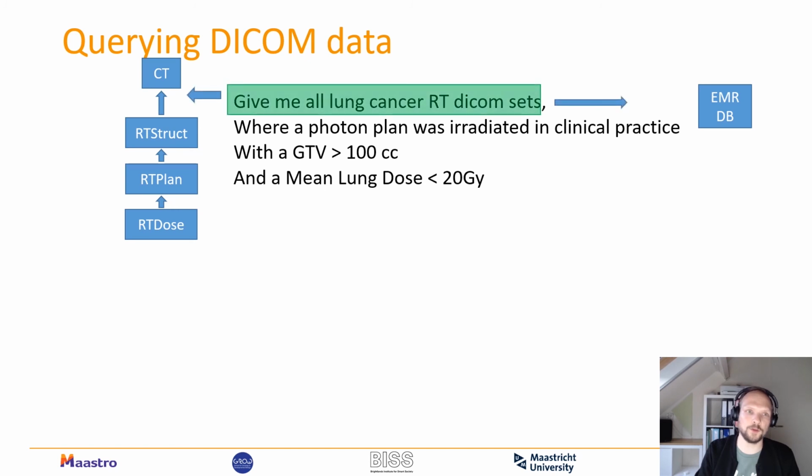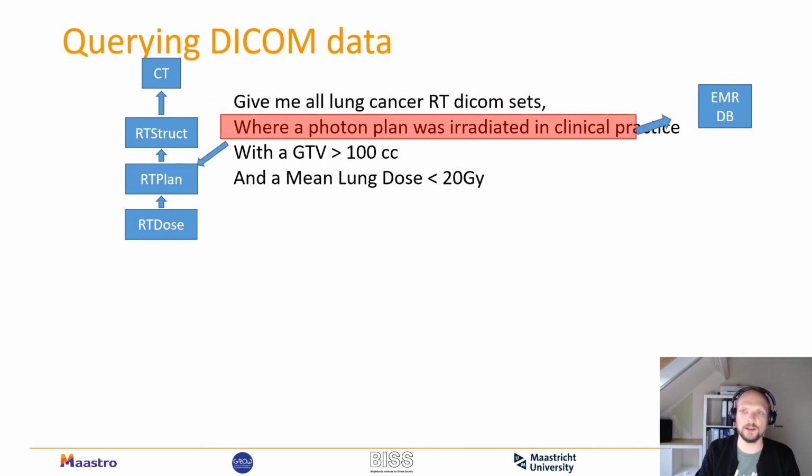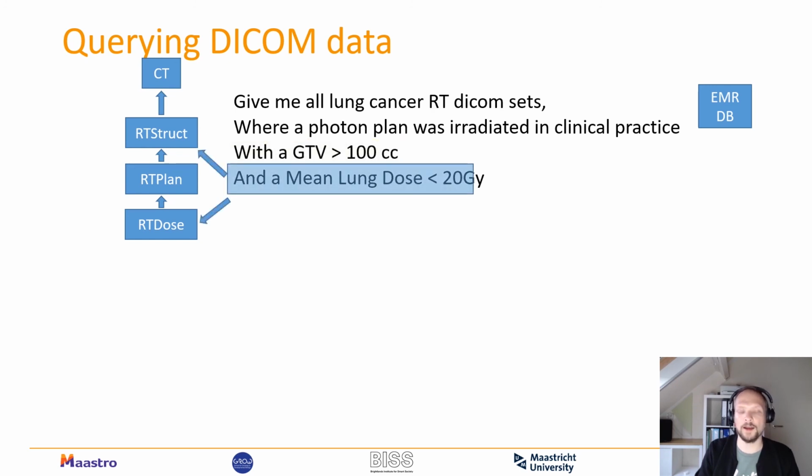Specifically for the first line, we need to go to the CT and the electronic medical record. For the second one, we need to look in the RT plan and also look in the EMR, which was the irradiated RT plan. Then we need to go to the RT struct to find out what the volume is with more than 100 cc. And then we need to ask the mean lung dose less than 20 gray.